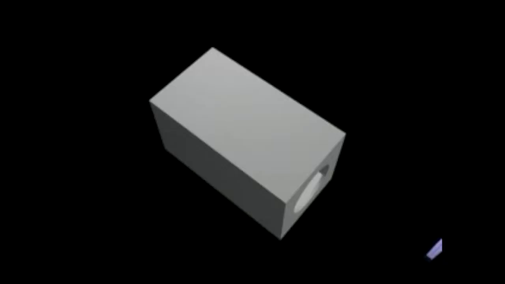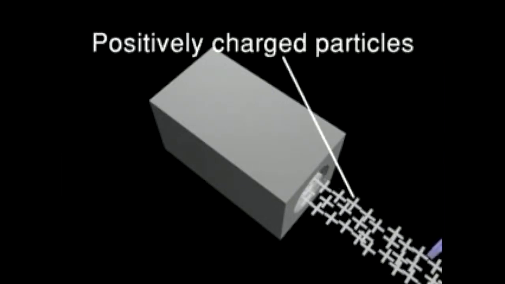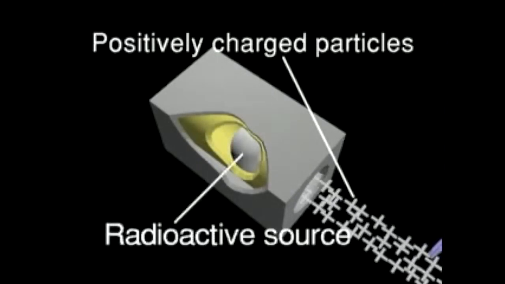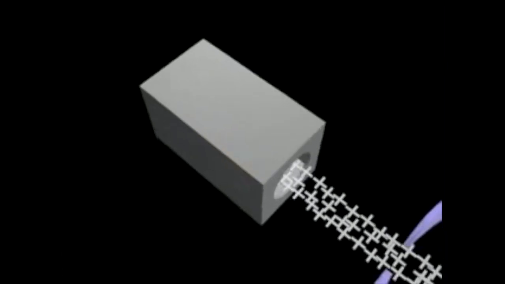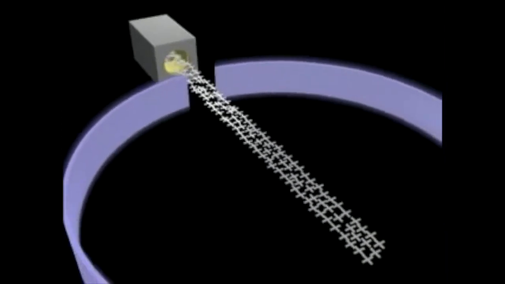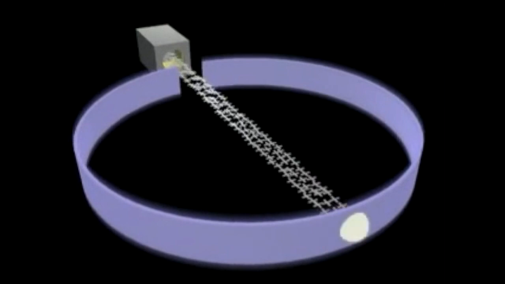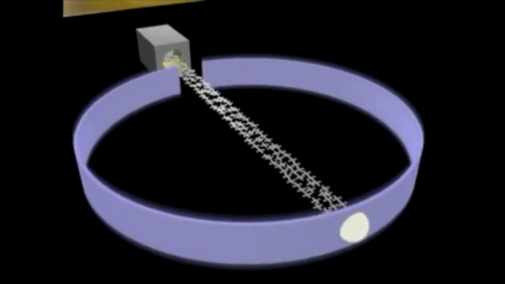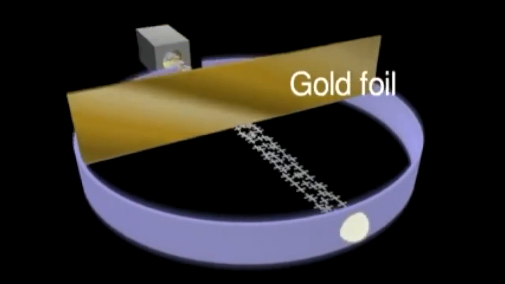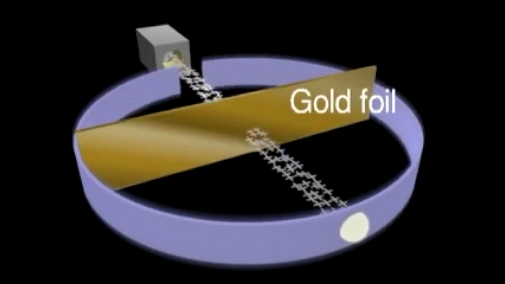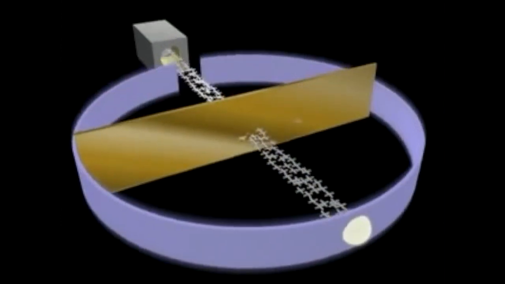The nucleus of an atom was first discovered when a beam of positively charged particles emitted from a radioactive source was aimed at a fluorescent screen. The particles caused the fluorescent screen to glow. When a very thin sheet of gold foil was placed in the pathway of the particle beam, a few particles were deflected to the side.